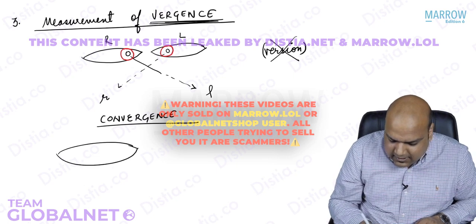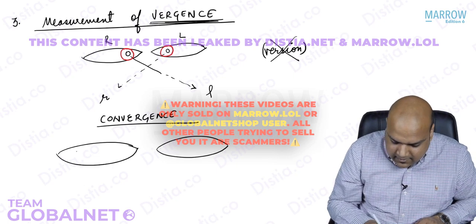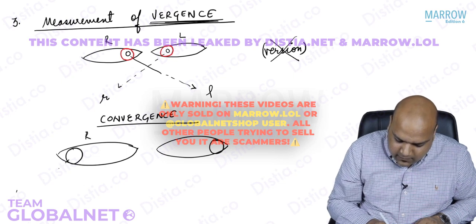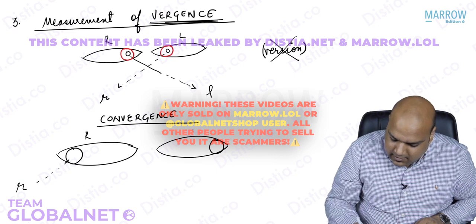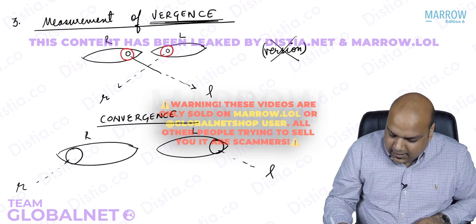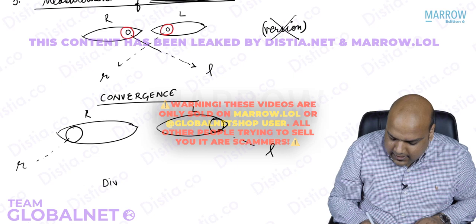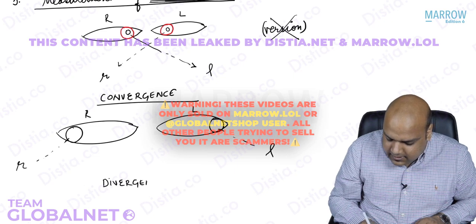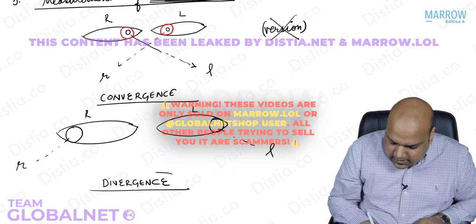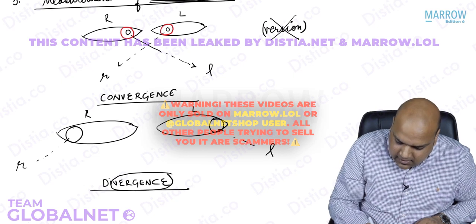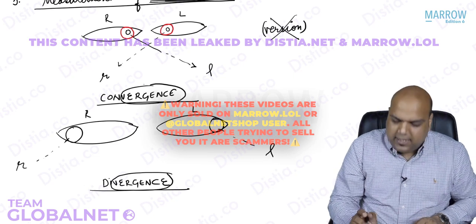Similarly, there is something called divergence. Right eyeball looking towards the right side, left eye looking towards the left side. This is called divergence. So I hope you understand the word vergence, convergence or divergence.